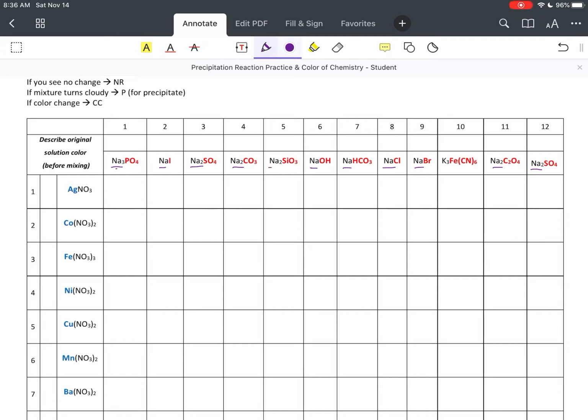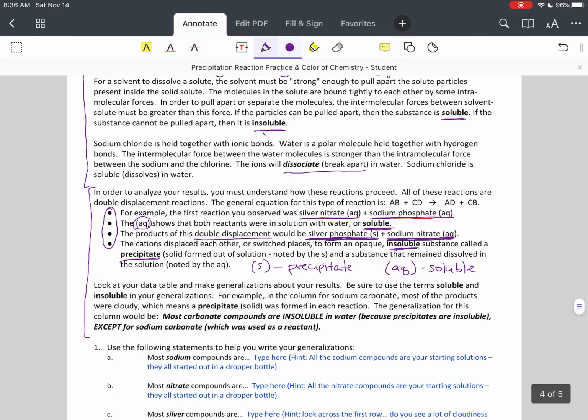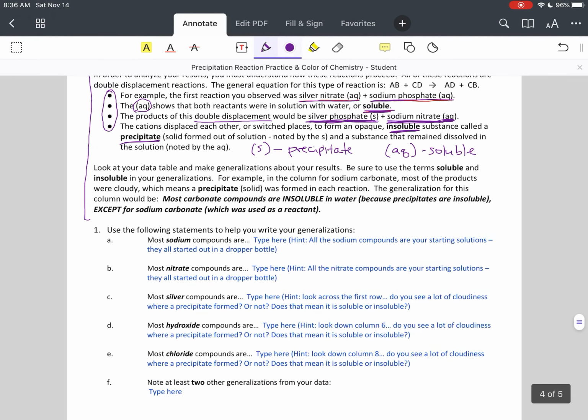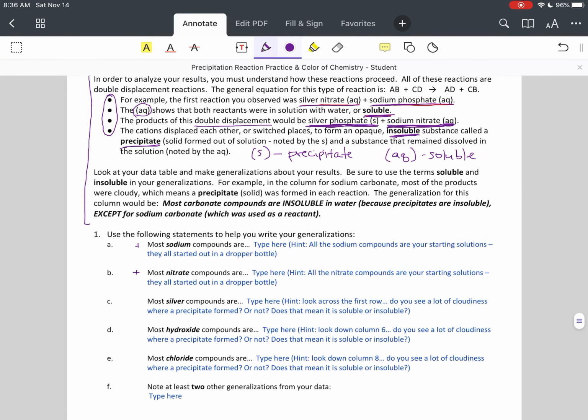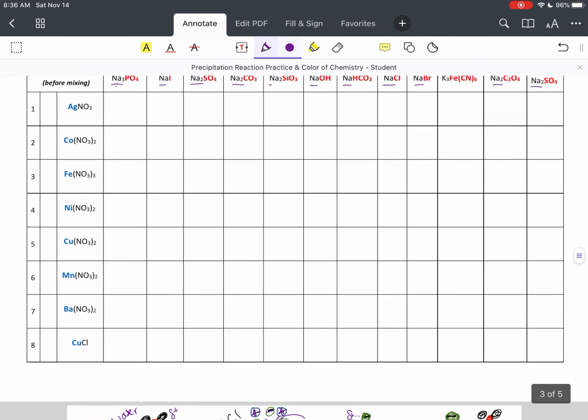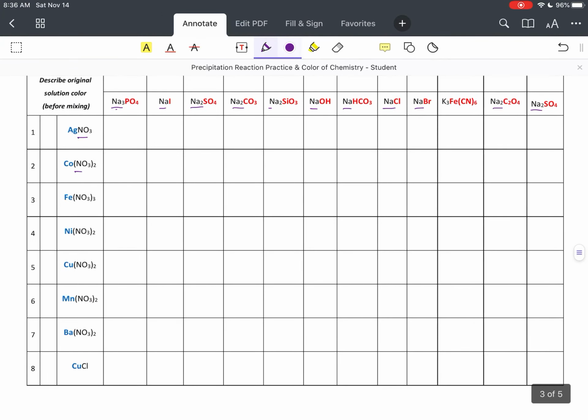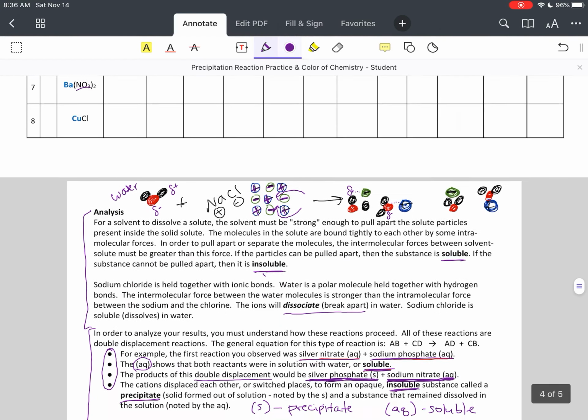Are these soluble substances or are they insoluble substances? Think about what you started with. In the video, you're starting with liquid droppers. So that's the same thing for this one and this one. Our starting substances going down our groups here, those are all nitrates, okay?